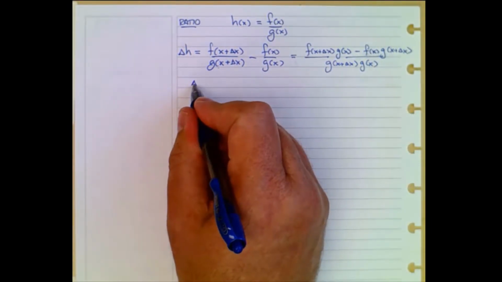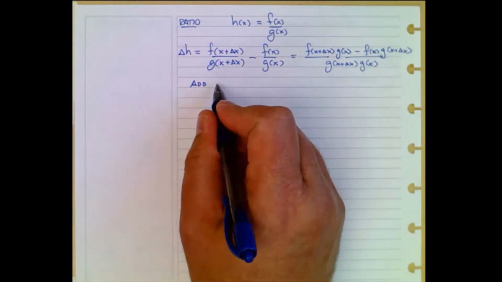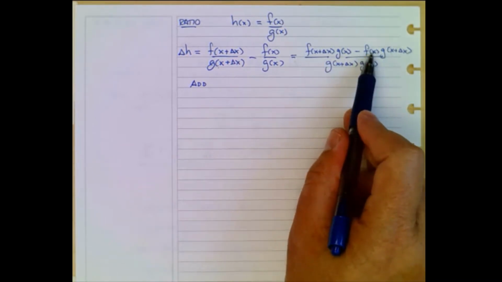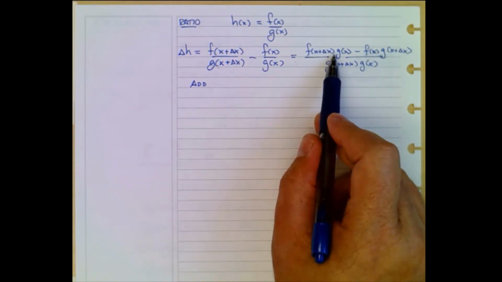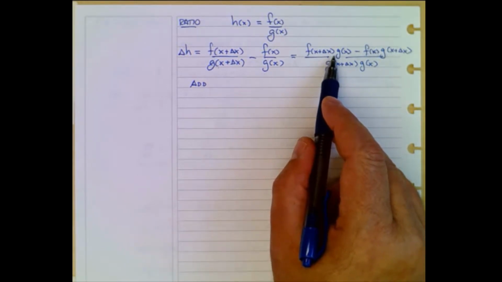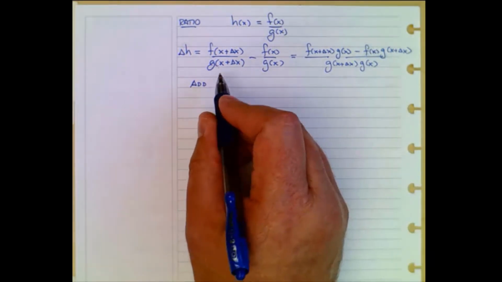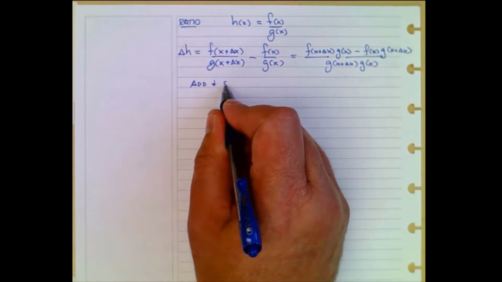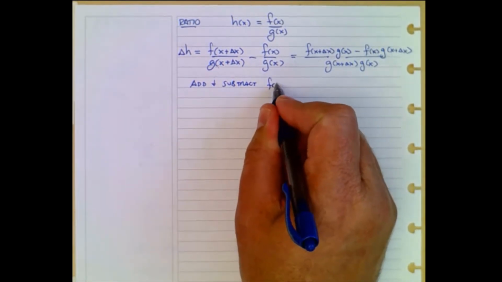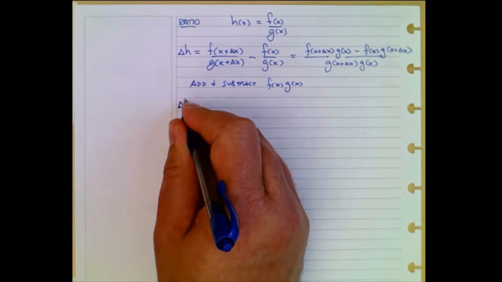Again, I'm going to do something that seems non-intuitive, although you know kind of what we want to look for. We want to be able to factor out an f of x plus delta x minus f of x and a g of x plus delta x minus g of x. So I'm going to add and subtract f of x times g of x. That will give us what we want.